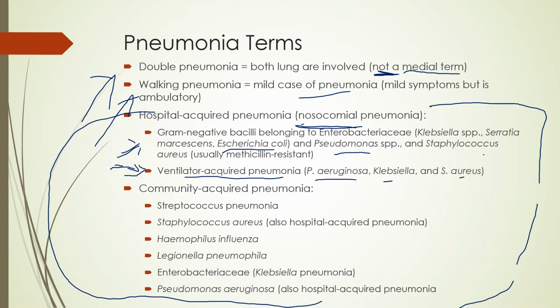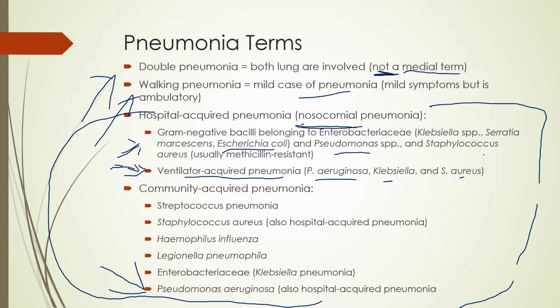Is it possible that a patient could have Pseudomonas from a community? Absolutely, right? So just knowing what bacteria caused it won't limit it to whether it's hospital-acquired versus community-acquired. We have to see what their baseline was when they came in. Did they get it from the hospital, or did they have it cultured in their lungs previous to the hospital?